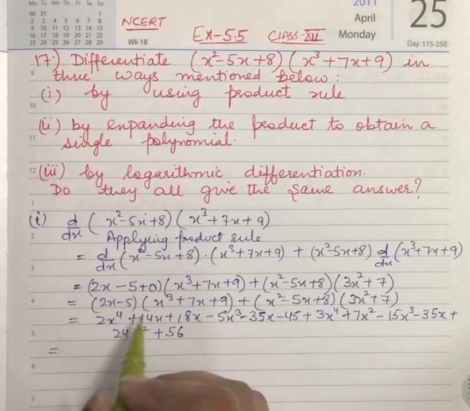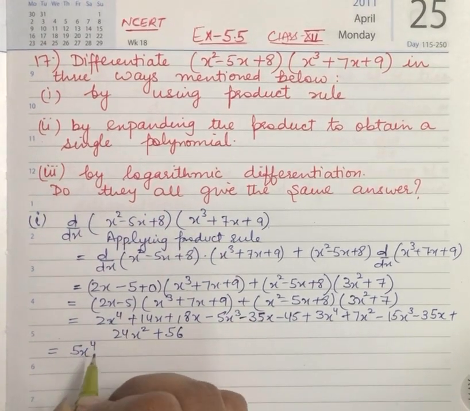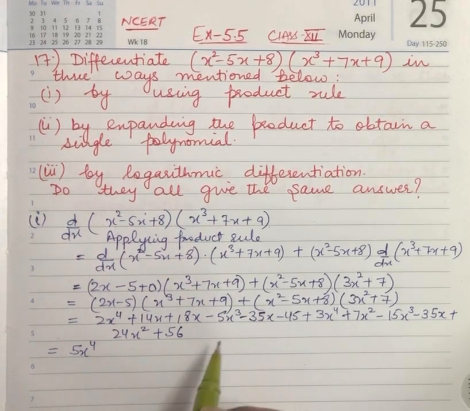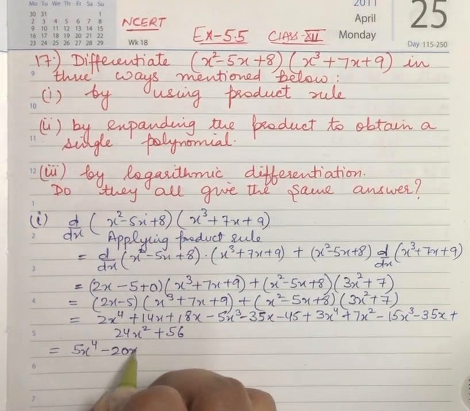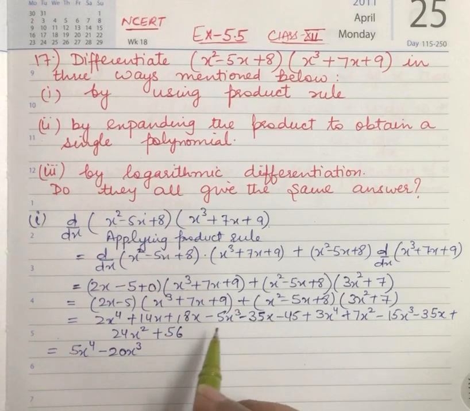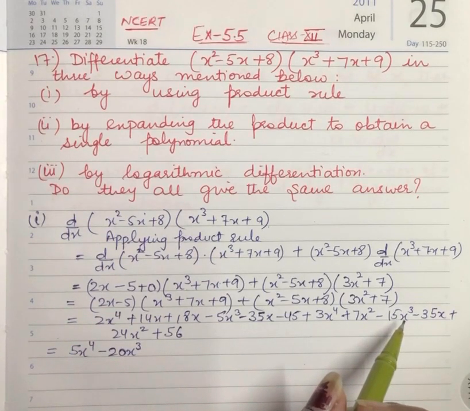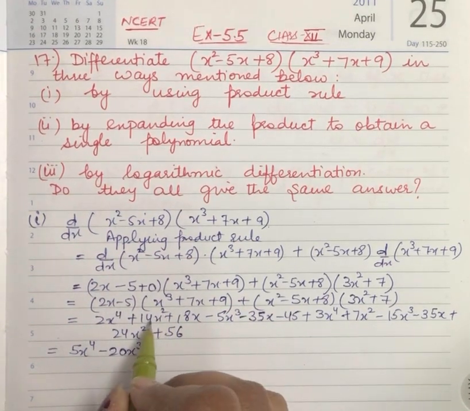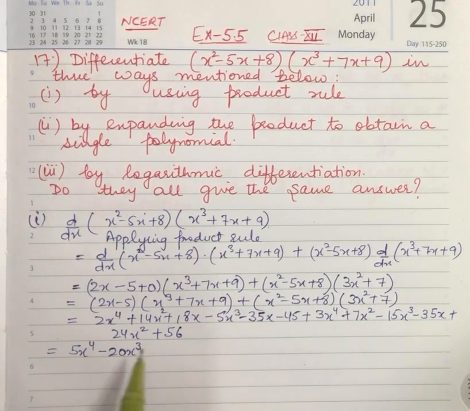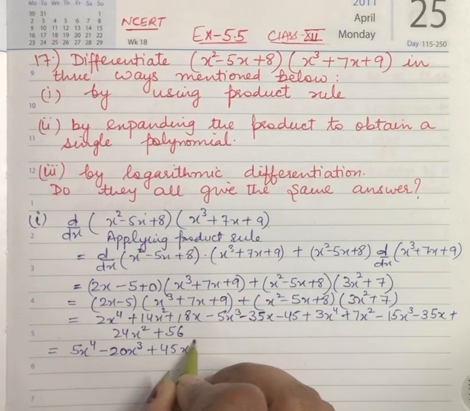So in simplifying we get 2x to the power 4 plus 3x to the power 4 is 5x to the power 4. Then minus 5x cube minus 15x cube is minus 20x cube. Then 7x square plus 14x square plus 24x square: 14 plus 7 is 21, and 21 plus 24 is 45x square.